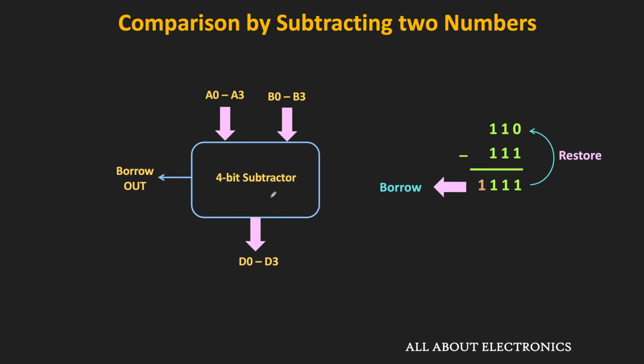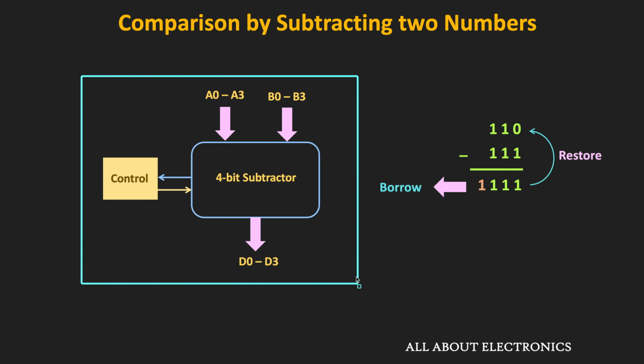And here, a block of 4-bit subtractor is shown. From this borrow output, we can decide the quotient bits. And we will also get to know whether we need to perform the restoration or not. For that, we also need a control circuit which can perform this task. So basically, this entire block will perform the comparison and the subtraction.